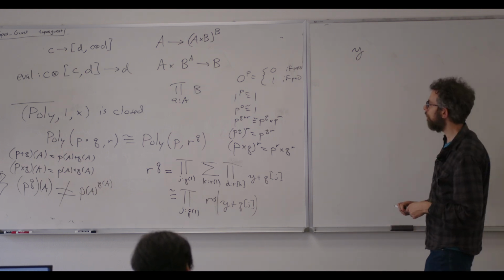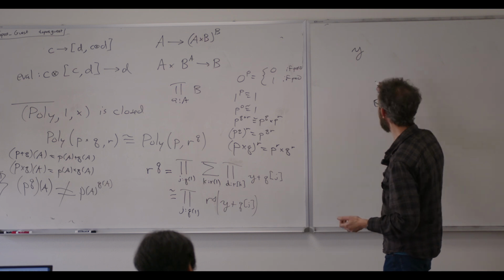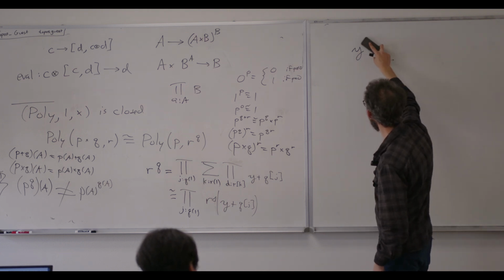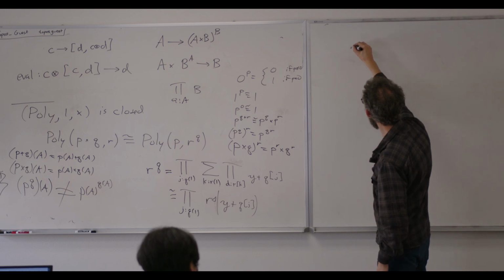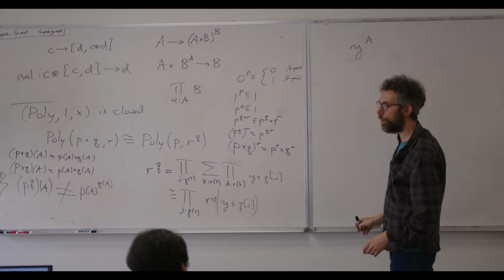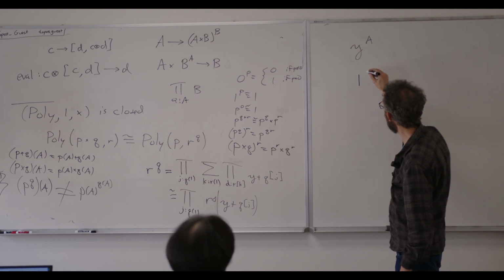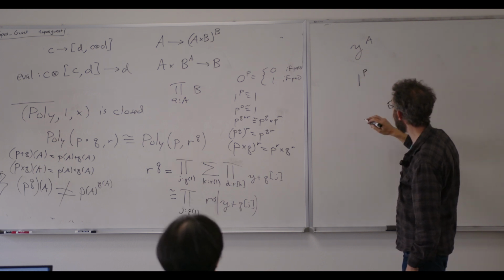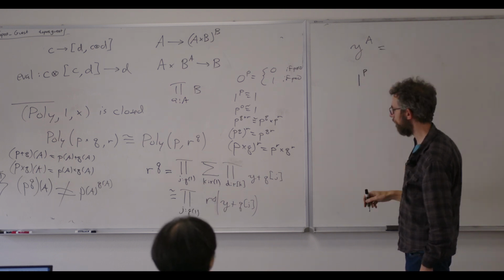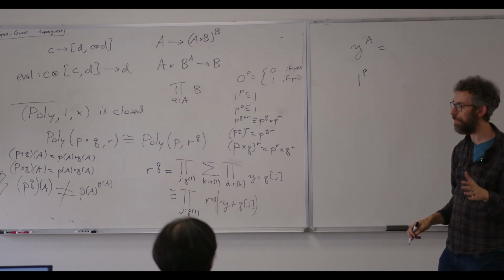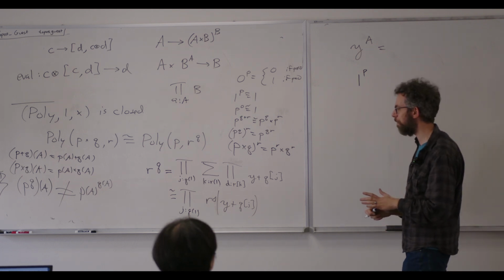So what is y? Well, let's do y to the y. No. Let's do some assuring things first. What's y to the a, where a is a set? And what's 1 to the p? Okay, so y to the a, it better be y to the a, otherwise we have ambiguity in our notation that's too much to bear.